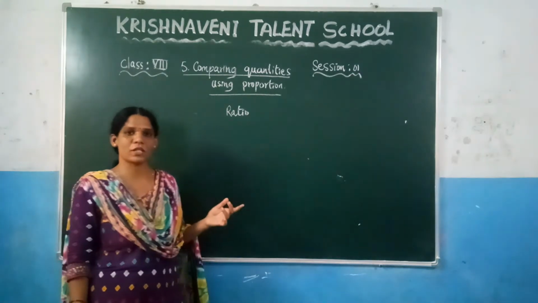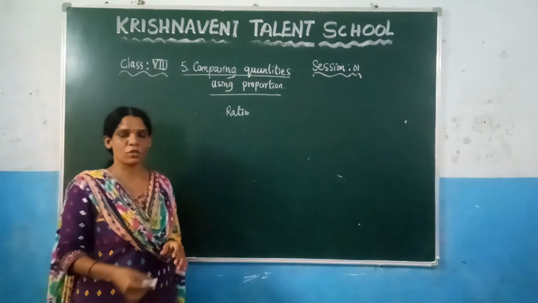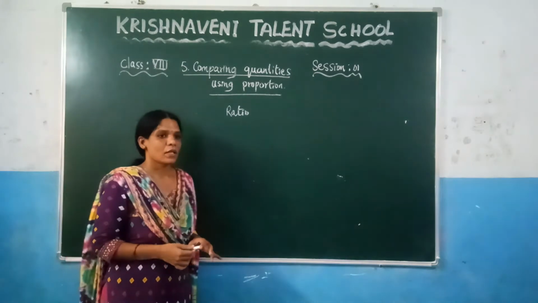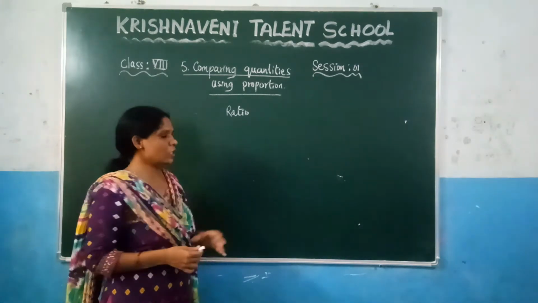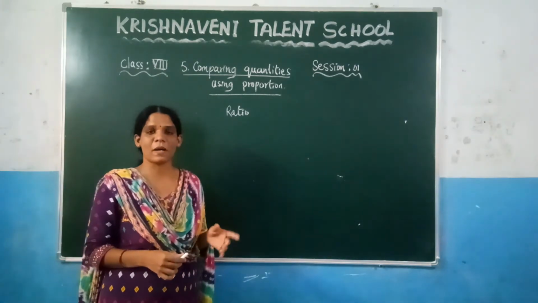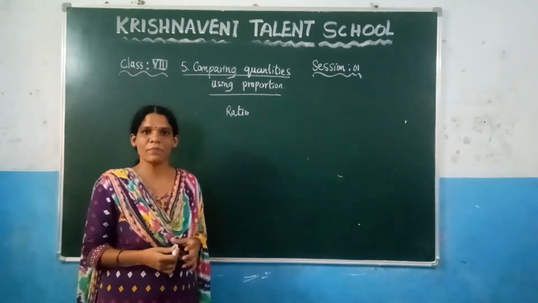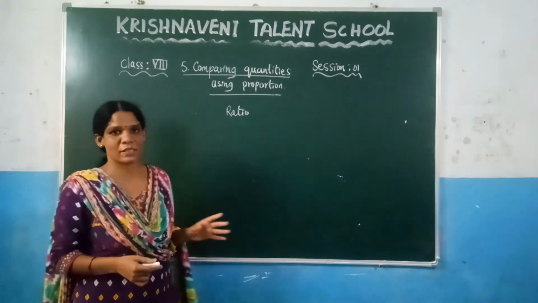What is the meaning of ratio? The ordered comparison of quantities, we call it a ratio. Let us suppose in your class, some students participated in the voting to elect the class leader. Two persons are voted, Sindhu and Sandhya.